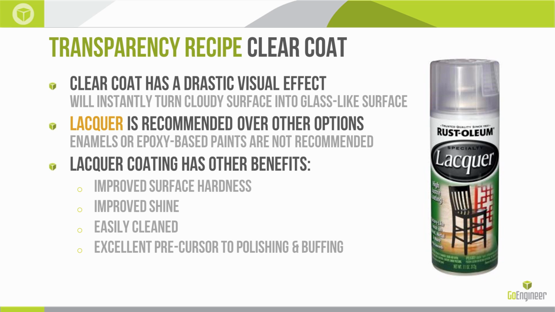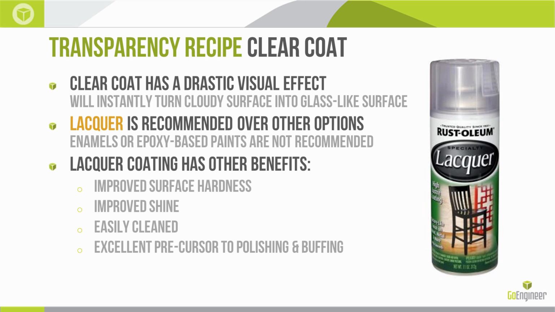Some other nice things about coating these parts with lacquer just in general, PolyJet parts in particular, is the lacquer will actually increase the surface hardness. So sometimes we'll lacquer our jigs and fixtures and tooling and stuff like that because it improves the durability of the parts. It's going to actually give it the nice shine, makes it more easily cleaned, especially a part that you printed in matte that has a rough finish.